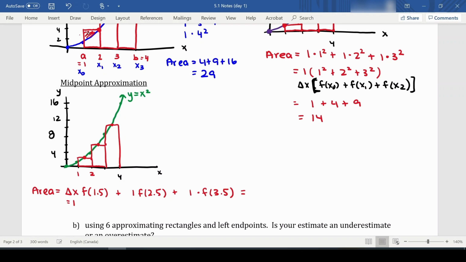So this is going to equal 1.5 squared plus 2.5 squared plus 3.5 squared, which should give me 20.75. So this, out of the 3, is the most accurate approximation for us. And again, this is because we've got a little bit over and a little bit under, a little bit over, a little bit under, a little bit over, and a little bit under.